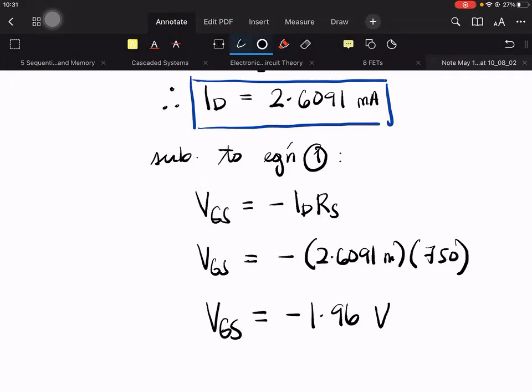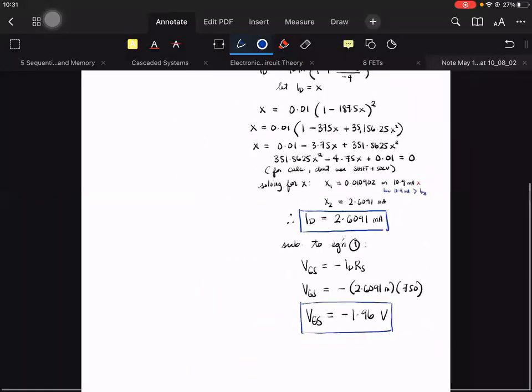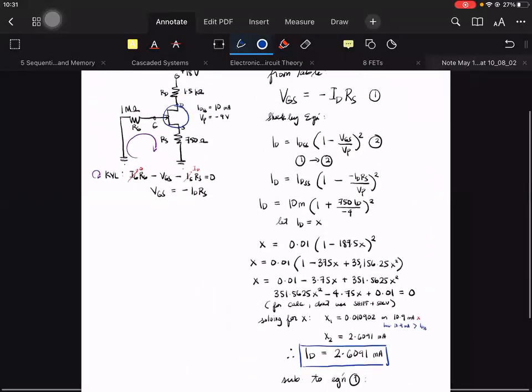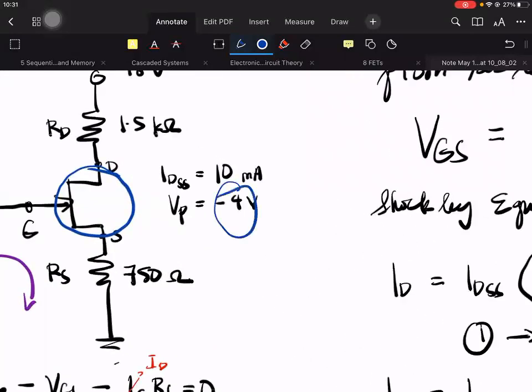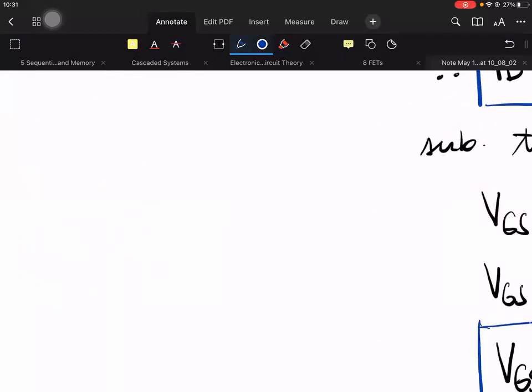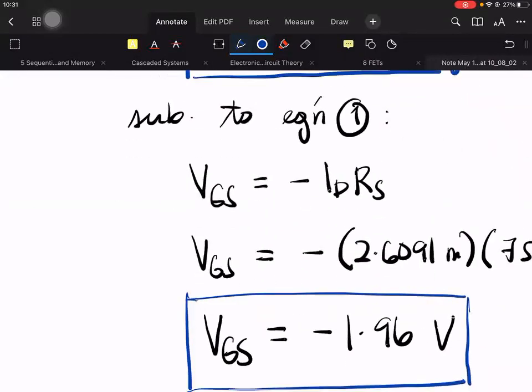And this should also be higher than VP. Since both are negative, their absolute values should be lower. VP is the pinch-off voltage, so VGS should be higher than VP. So VGS of negative 1.96 is higher than VP.